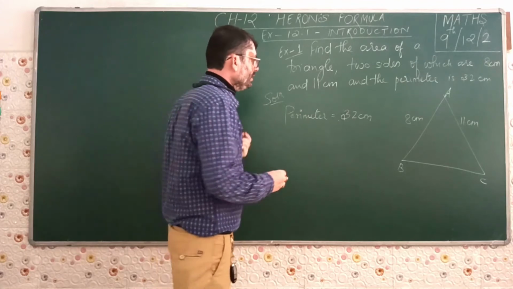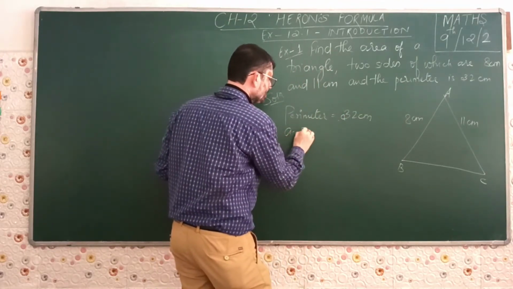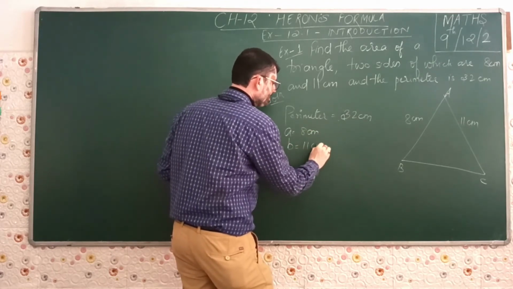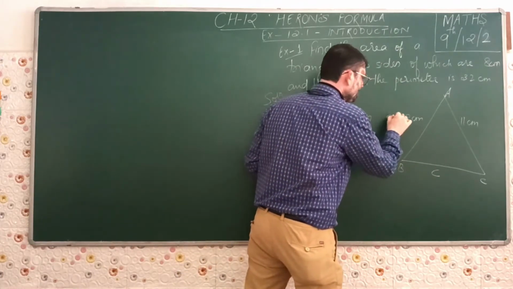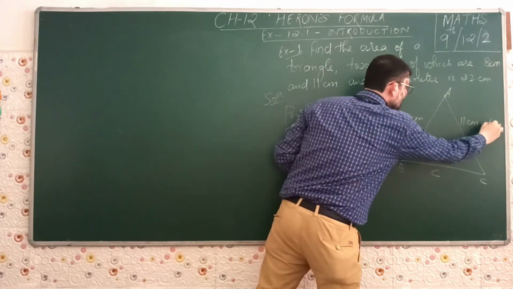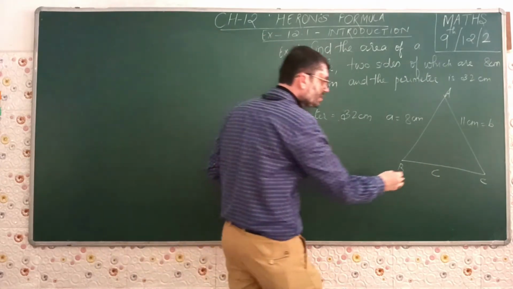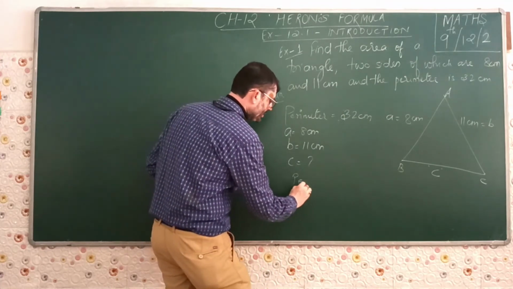So for perimeter, let us consider A is equal to 8 cm, B is equal to 11 cm, and the third side that is unknown to us is C. So let us move on with the formula for perimeter.